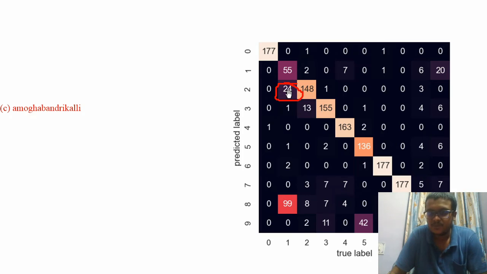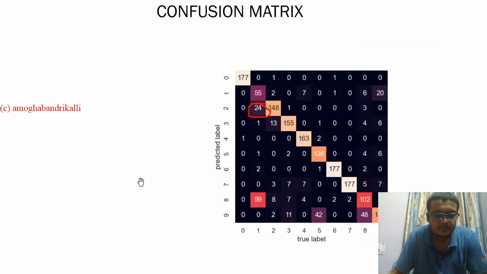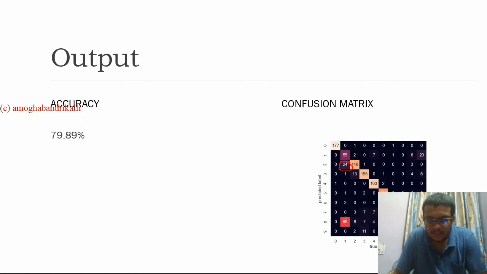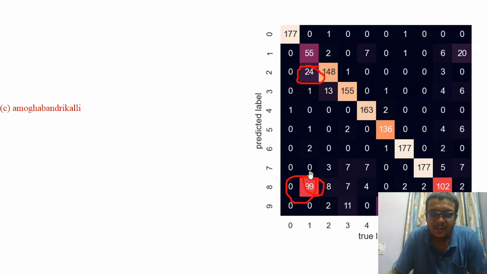So this is the major change you can see. Between 1 and 8 you are having a major confusion. It is almost more than the correct detection. It has been wrongly predicted as 8.